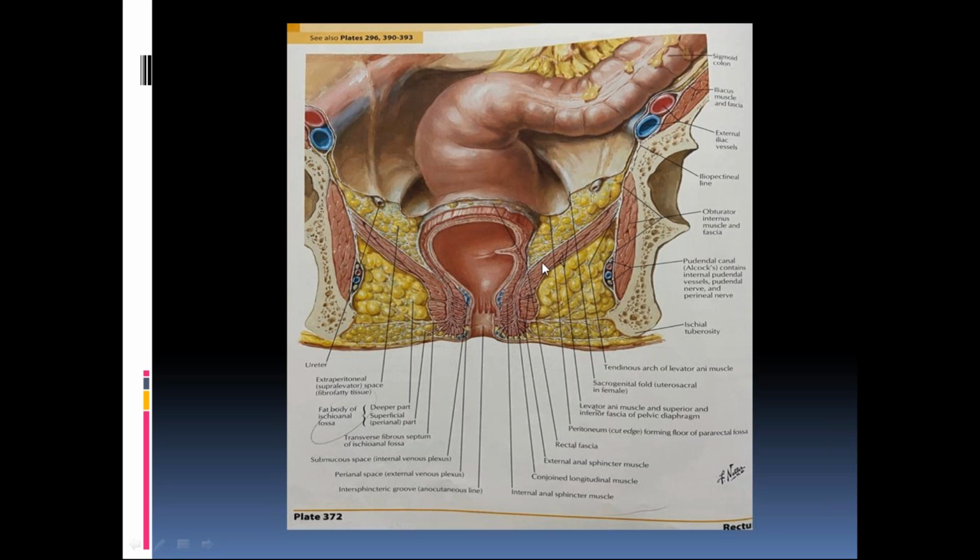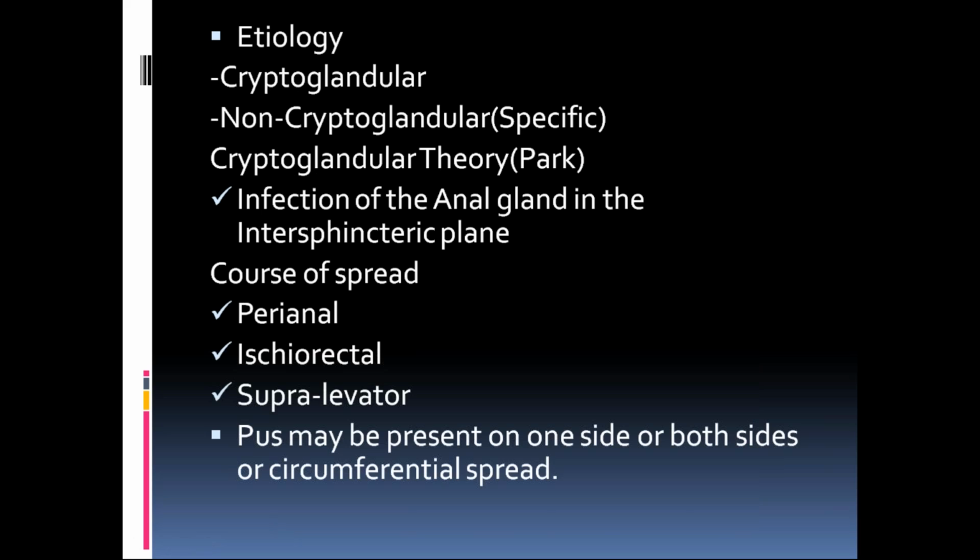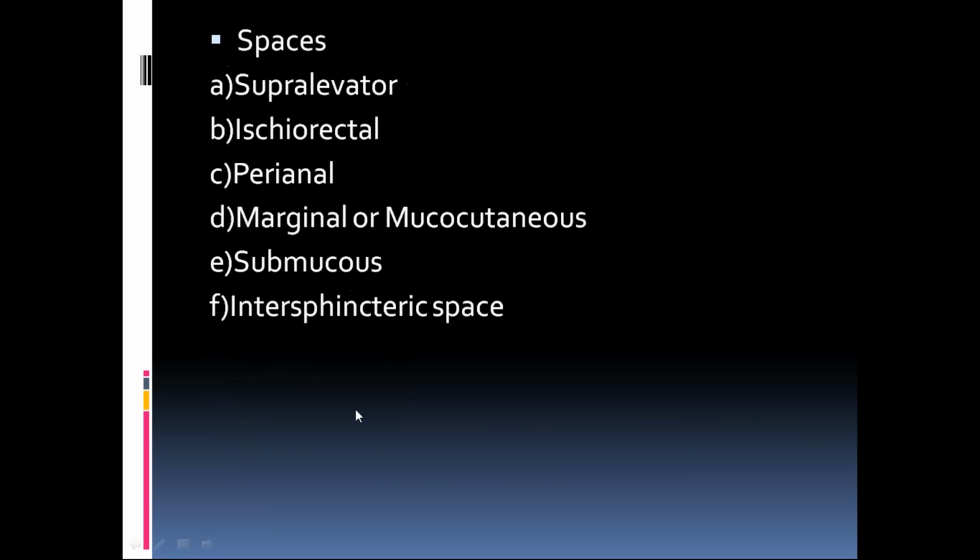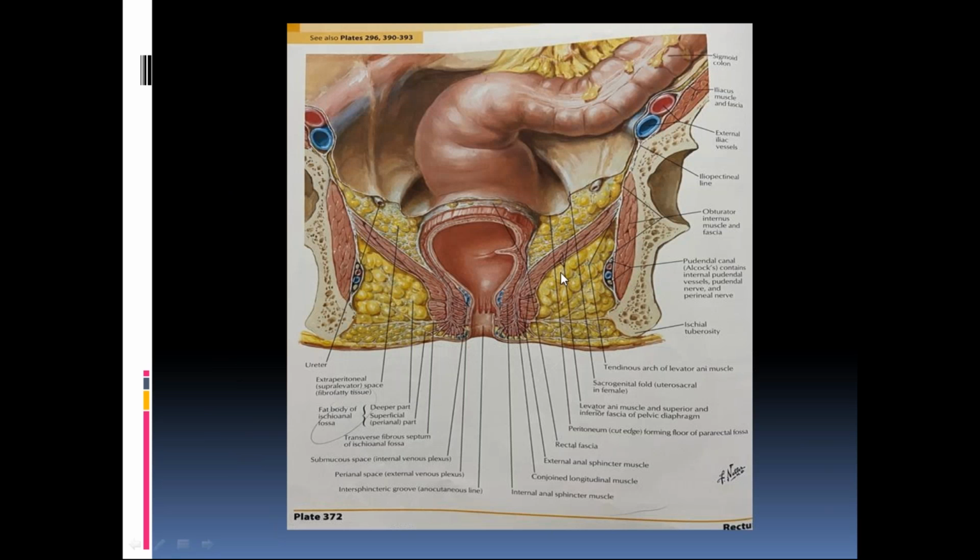These are the commonest sites. So here I have written the course of spread: perianal, ischiorectal and supralevator. This pus may be present on one side, bilaterally, or circumferentially also.